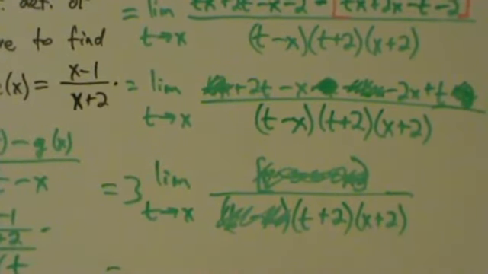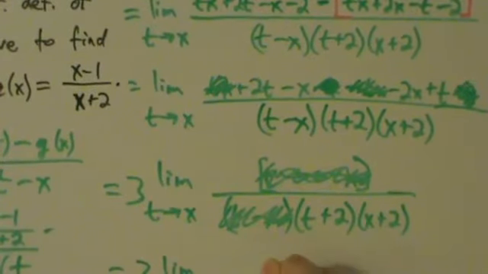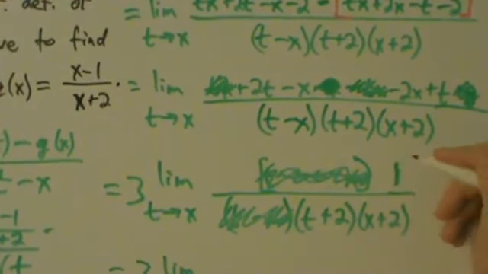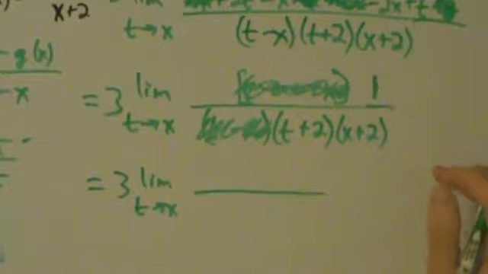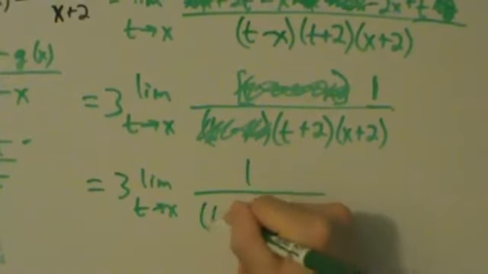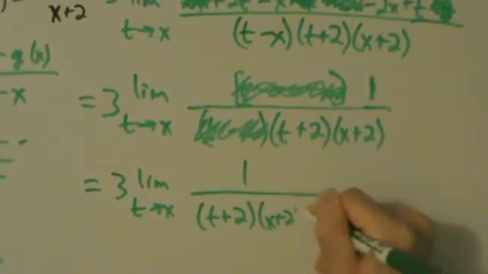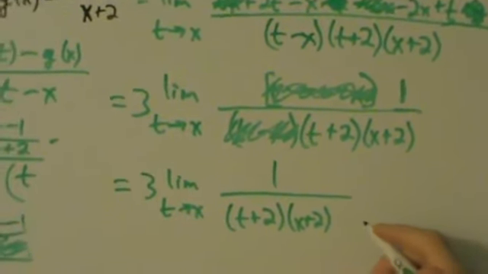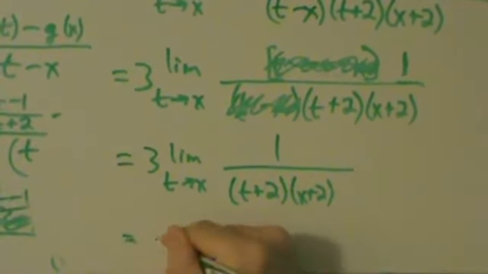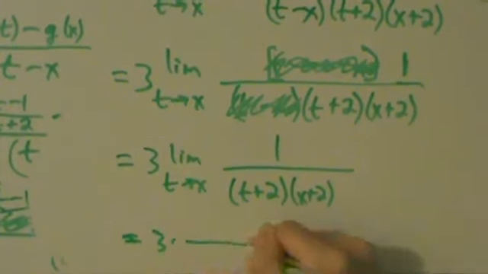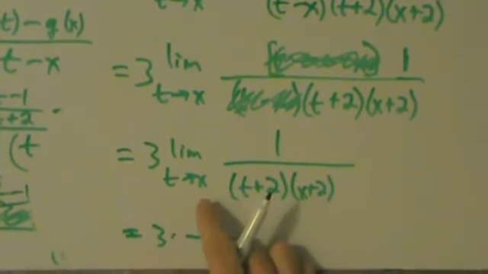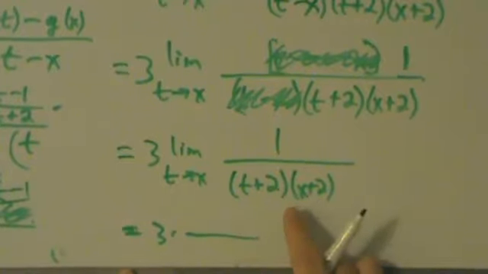Now this equals 3 times the limit as t approaches x of what's left on top. Well, just a 1, because we canceled everything. So this is going to be 1 divided by t plus 2 times x plus 2. Now we can go ahead and do direct substitution. So when we do that, we're going to have 3 times, we're taking a limit as t approaches x, so replace every t with an x.